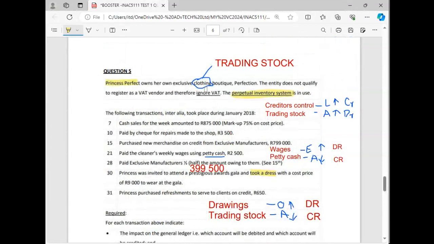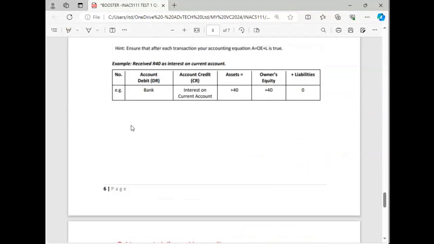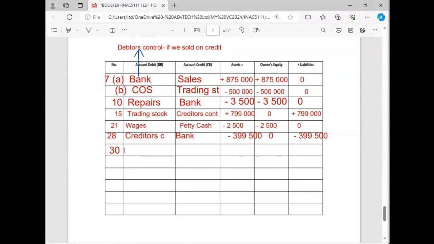So by taking a dress which belongs to the business, which we're supposed to sell, that is for personal use. Does that make sense, Daniela and Helly? Perfect. So remember drawings all the time. I'm going to have drawings here.